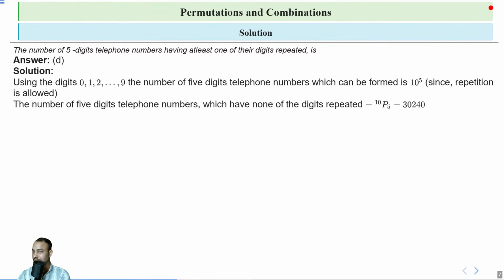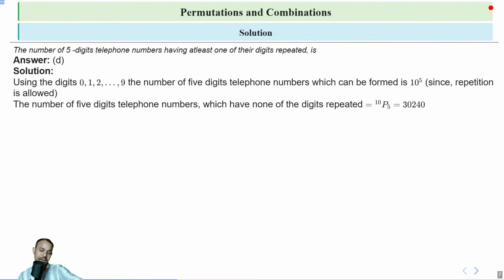And if we use the nPr formula, that is n factorial divided by factorial of (n minus r), then you can easily find the value of 10P5. So 10P5 equals 10 factorial divided by (10 minus 5) factorial, which is simply 10 factorial divided by 5 factorial.